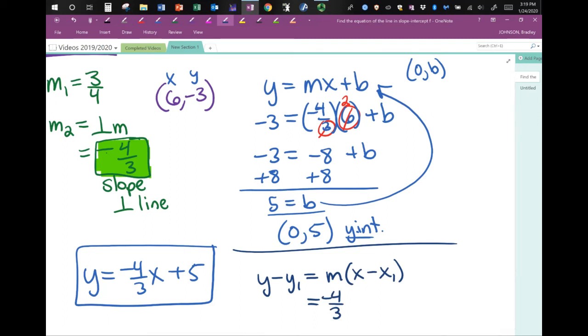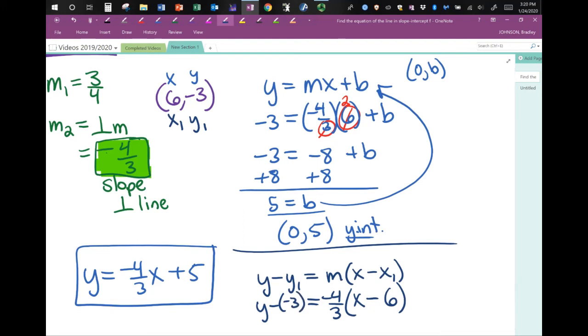It really is just thinking back to the point that I had earlier. x1 will be the 6, y1 will be the -3. It's just a different way of saying x and y. This x right here I'm going to treat as a variable, and this x1 I'm going to treat as a value. On the left-hand side, we have minus, but you're subtracting a negative. So keep in mind what that does.